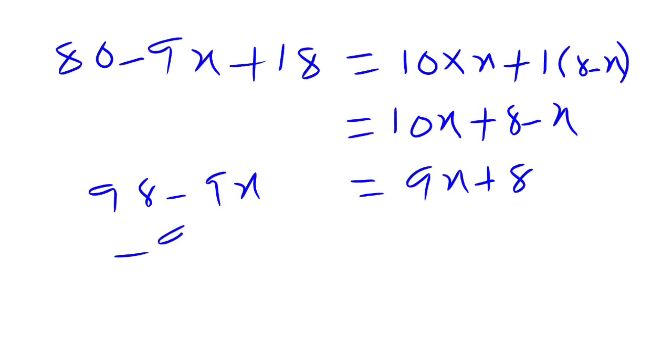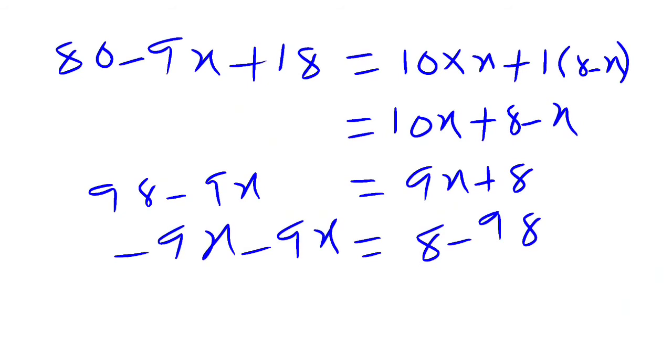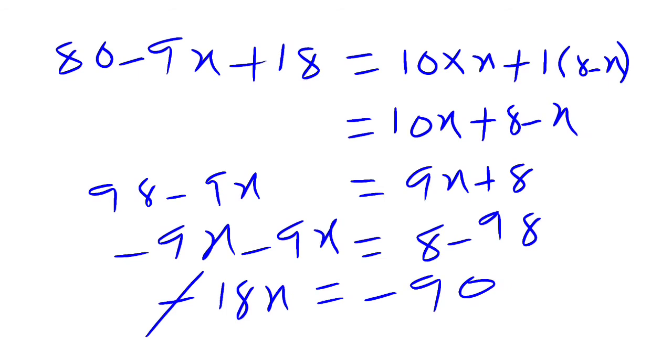So write variables on one side and constants on the other side. So 9x minus 9x... that gives minus 18x equals minus 90. Here we can cancel the minus sign on both sides. Then x equals 90 by 18.